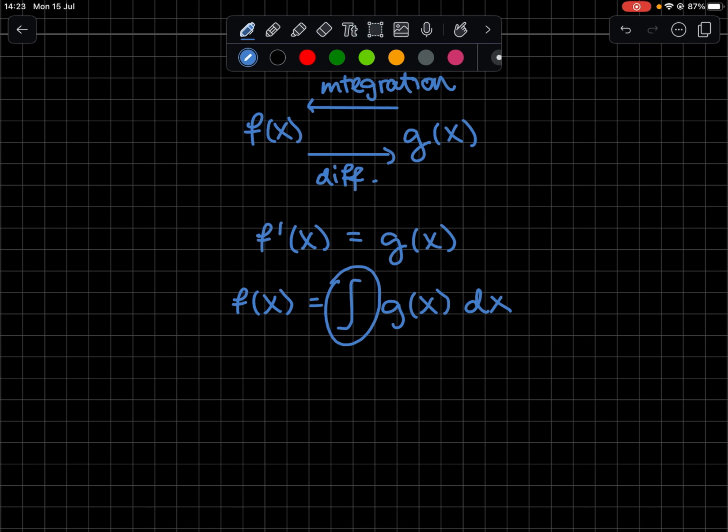And this symbol is called the integral sign. And it's just telling us that this function is the derivative of f of x. That's the function of the integral.